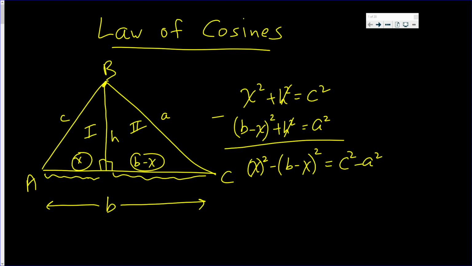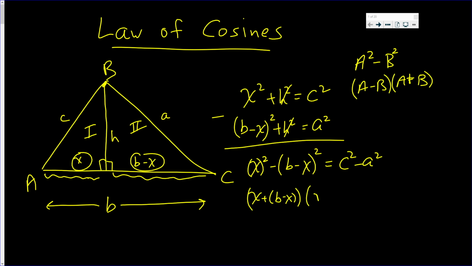The left side, we have the difference of squares. Whenever you have one thing squared minus another thing, you can write down the two things twice. In one bracket you can add, in the other bracket you subtract. So first I'll add, and in the other bracket I will subtract. The right side doesn't change.